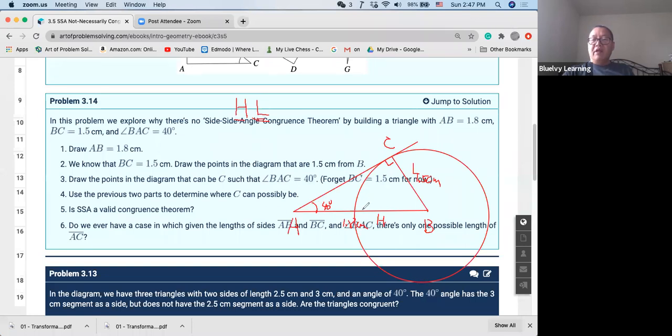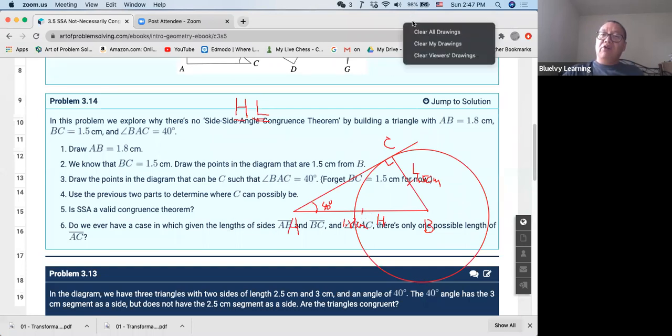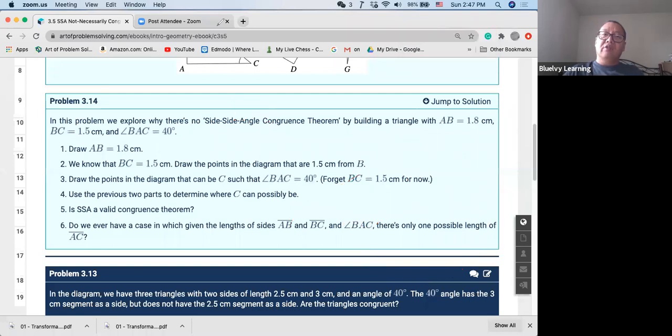So in this case, if AB is fixed and BC is fixed, and AC is tangent to circle B, then these two triangles are congruent. This is the case we met before. For a right triangle, AC will have only one length.